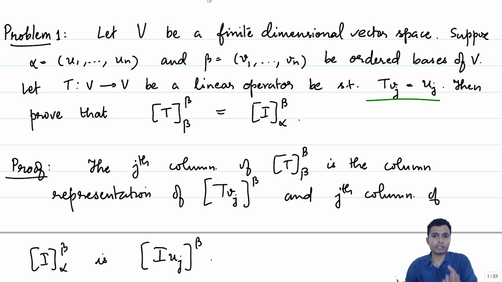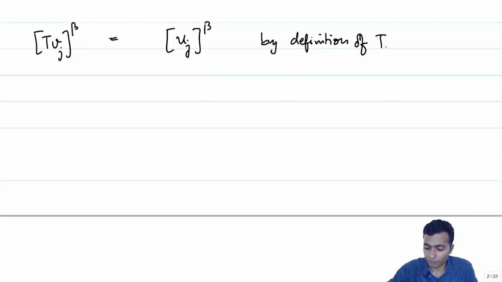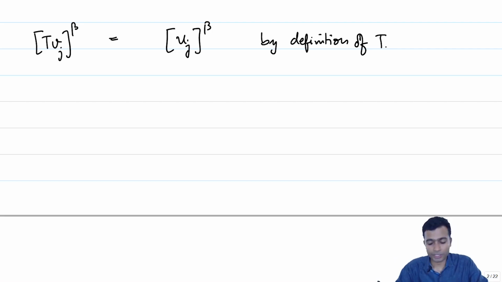So notice that there is a unique such linear transformation which can be defined in this manner if you extend it as a linear transformation to T by one of the theorems we have proved earlier. And by the very definition of T, TVj is Uj, and this turns out to be Uj and the column representation of Uj with respect to beta.